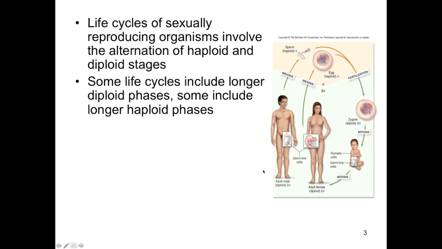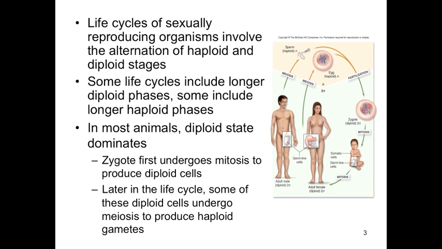Some life cycles include a much longer diploid phase, in which there may be a haploid multicellular organism. Most of these organisms then will come together and give one cell to each other and produce a zygote and form a diploid generation also. We'll most often see that in plants.